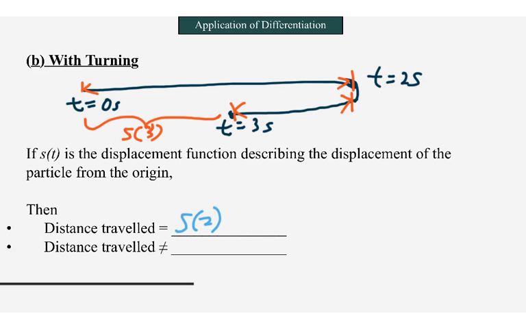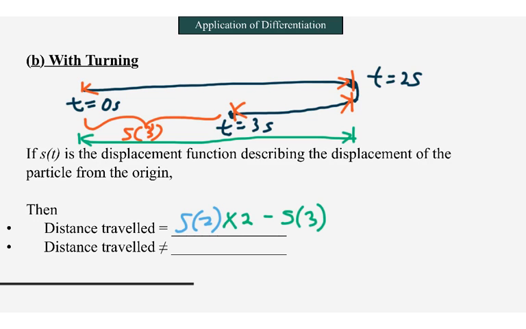Hence, to find the total distance traveled by the particle, firstly, we take the distance traveled forward as s of 2, multiply by 2, considering the whole distance from this part to this part. So it is two-way, one way forward, another way in reverse, minus the displacement at t equals 3.